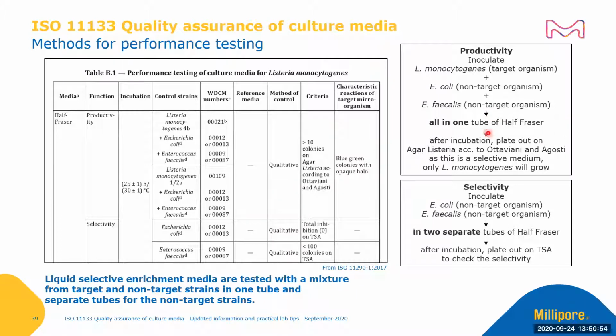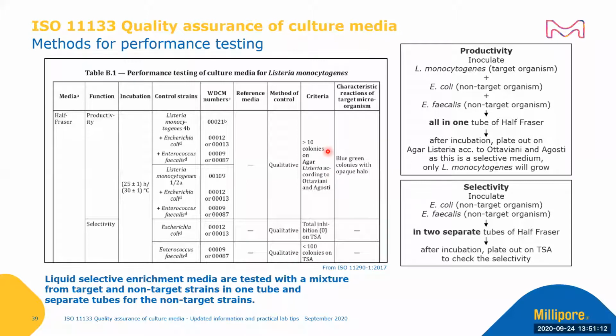After incubation, you streak this one tube on the selective medium Agar Listeria according to Ottaviani and Agosti. Only Listeria monocytogenes will grow and has to form more than 10 colonies.